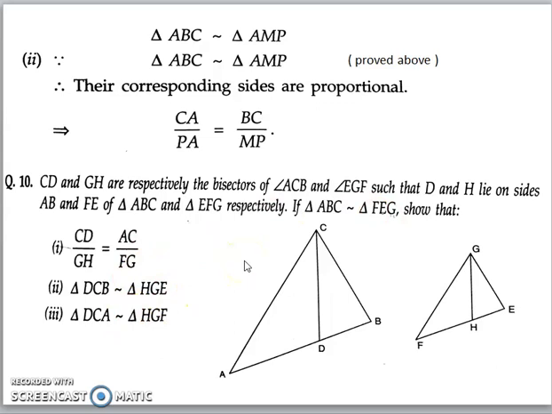Now here it is given that triangle ABC and triangle FEG are similar already. So you can say that all three corresponding angles will be equal. That means angle A is equal to angle F, angle B is equal to angle E, and angle C is equal to angle G. This is by the similarity of these two triangles.